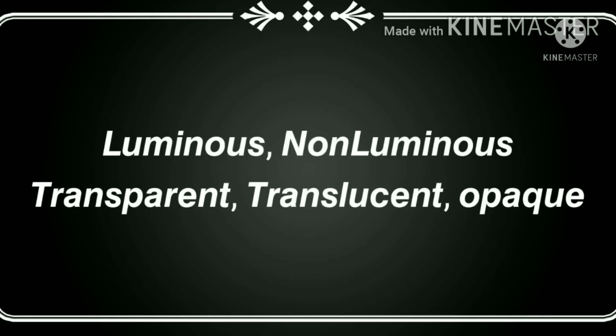Students, I hope you all learned about luminous and non-luminous objects and transparency of materials. Now I would like to give one home assignment for you. Give two examples of the following.